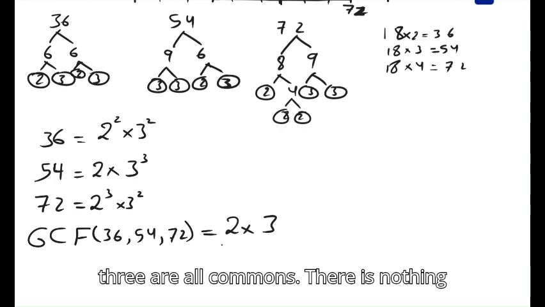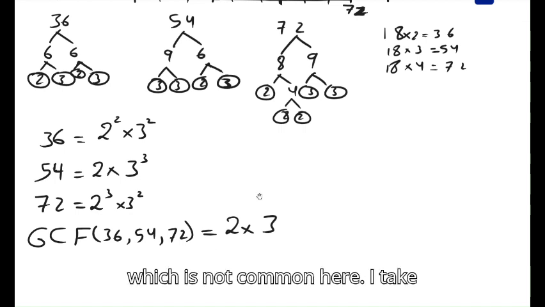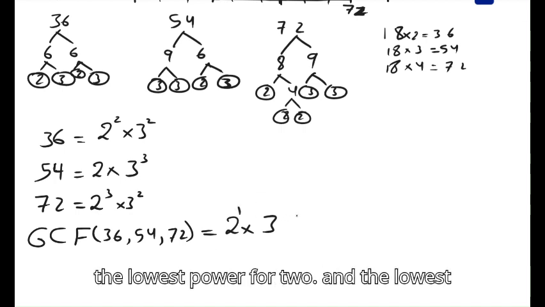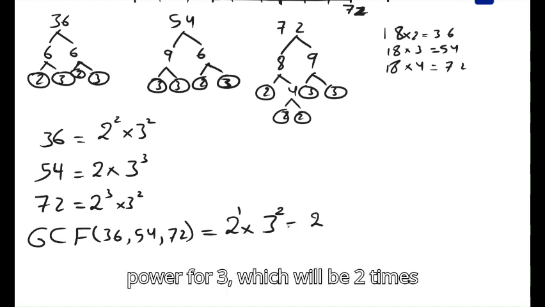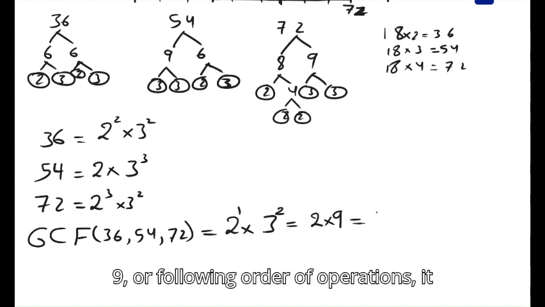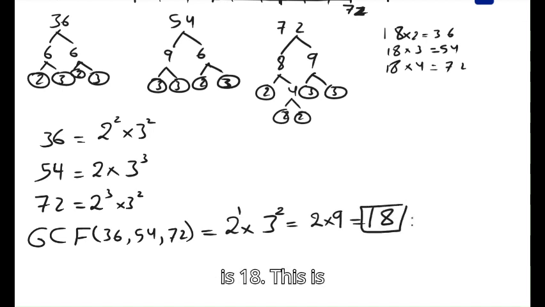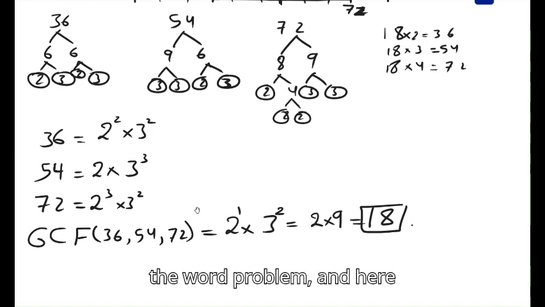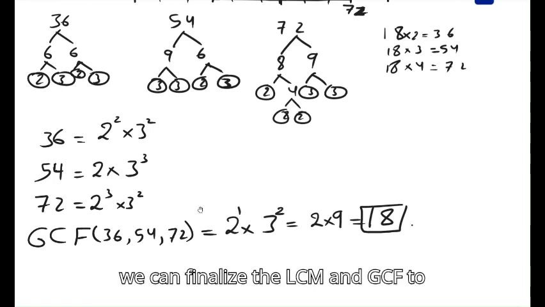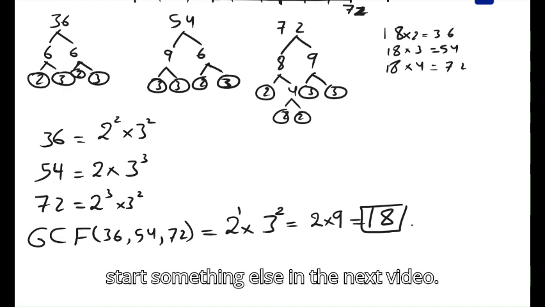Again, 2 and 3 are all commons. There is nothing which is not common here. I take the lowest power for 2 and the lowest power for 3, which will be 2 times 9, or following order of operations, it is 18. This is the word problem, and here we can finalize the LCM and GCF to start something else in the next video.